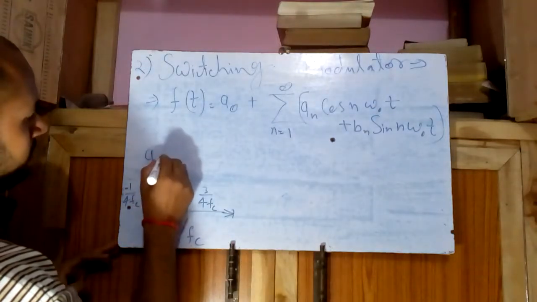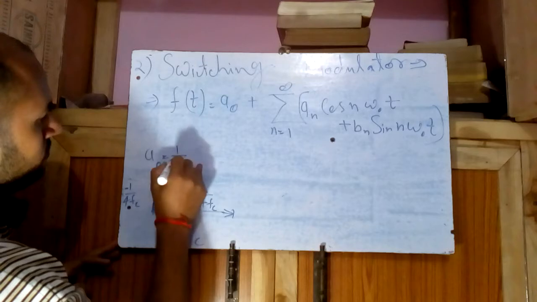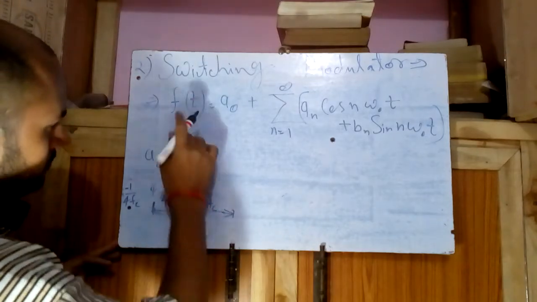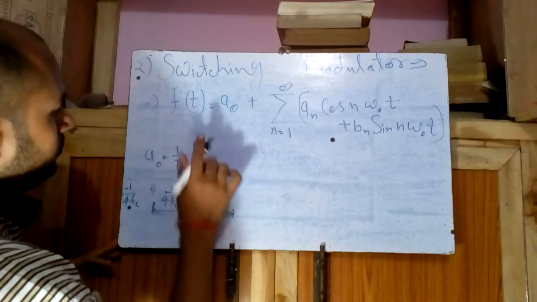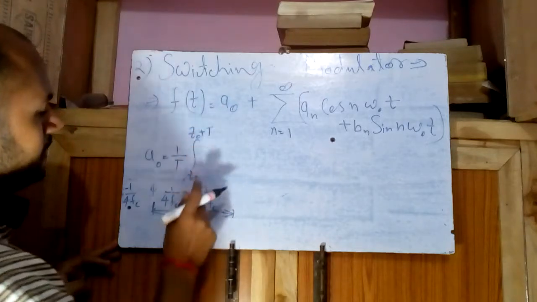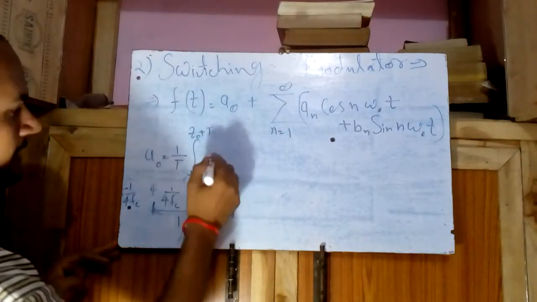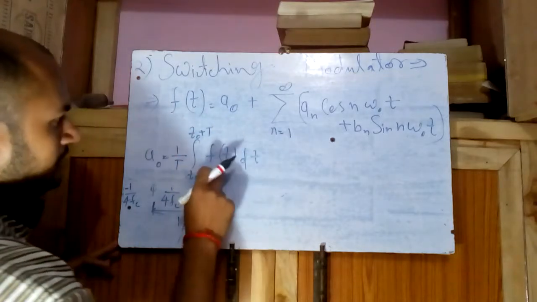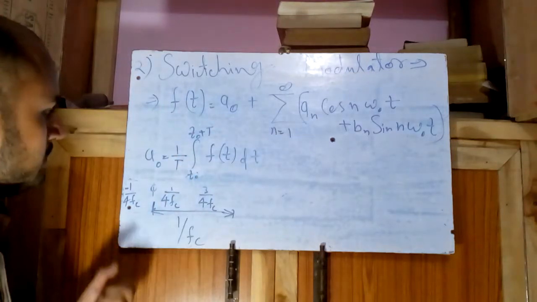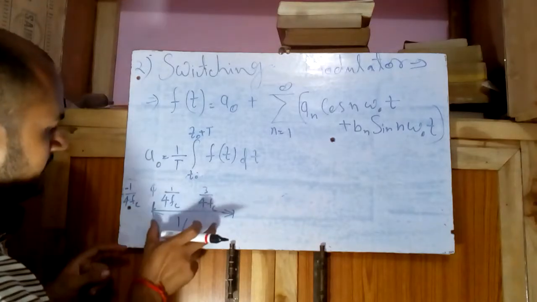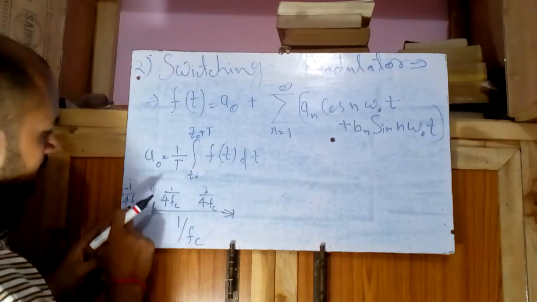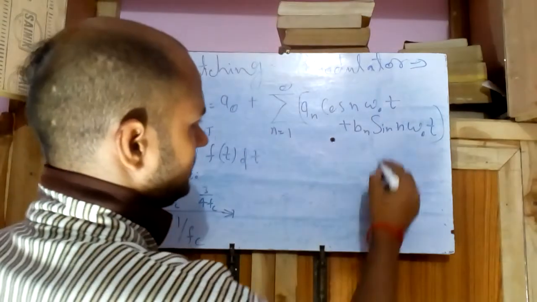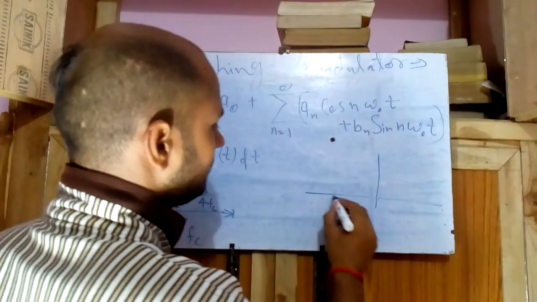So here the a naught will be 1 by T, integration from t naught to t naught plus T. It means in the range of one cycle, ft dt. Here ft is GPT, right? And GPT is in the range from minus 1 by 4 Fc to 1 by 4 Fc. See this gate pulse again.